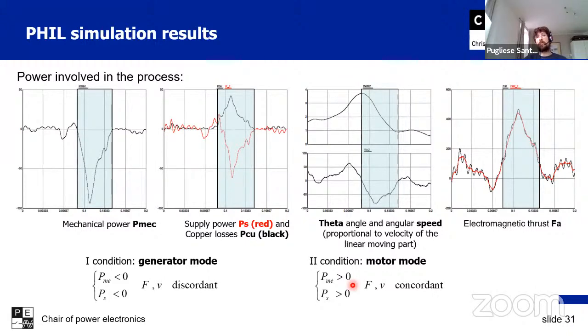If we request a huge force F in order to guarantee comfort and road holding, there could be a situation where F and V are concordant, and in this case we are requesting power from the battery in order to apply that force.